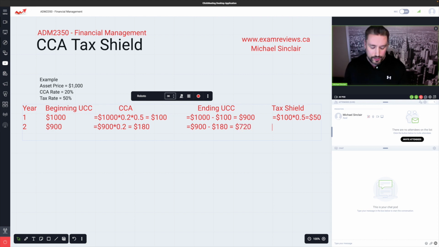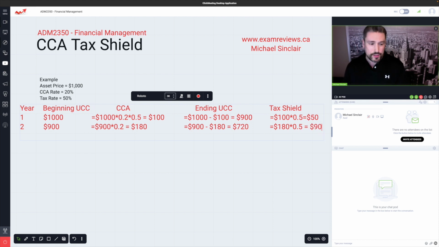For the tax shield in the second year, we take the 180, the CCA in that year, and multiply it by 0.5, and we get $90. So the tax shield in the second year was a little bit higher, at $90. That's how the CCA tax shield is calculated. Again, we could do this for 3, 4, 5, 6 years. These represent a cash flow for the given year.